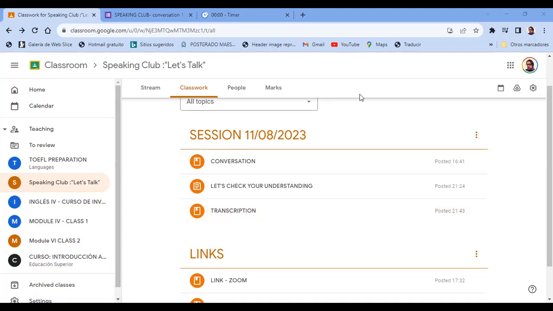Okay, now we're going to start working in groups. For this part, you have to get ready for working in groups, so everybody must be ready with cameras open. That's very important because it's really important to see the other person when you're speaking, because remember that 90% of human language is non-verbal.